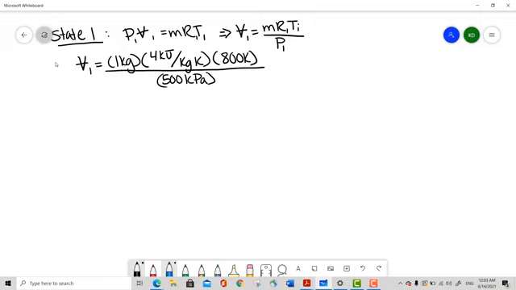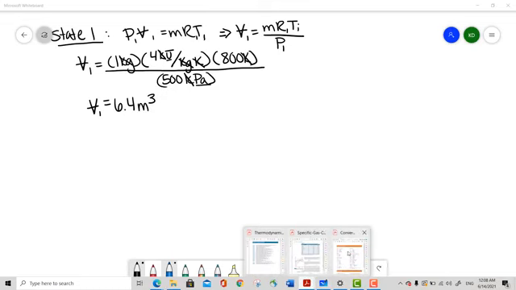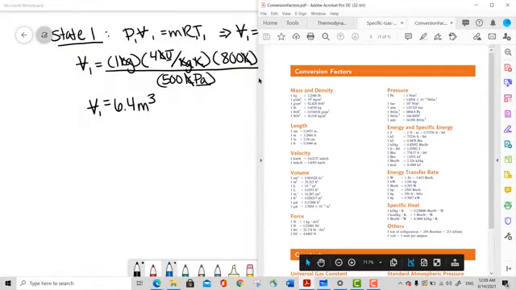So then we're just going to cancel out. Okay, so this is what we're left with. We're left with joules over pascals, and then I'm going to skip the conversion because I know you guys have had a lot of practice with that, but we end up with 6.4 meters cubed. So actually, now that I think about it, I'll just show you this really quick. Okay, oh good, so we can see it here.